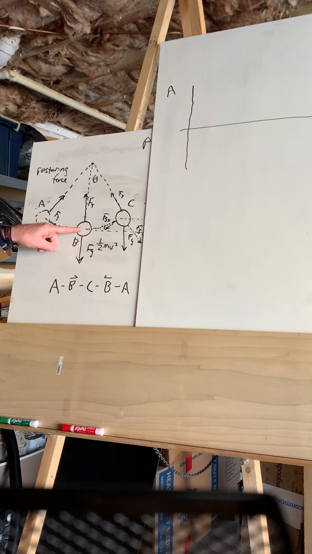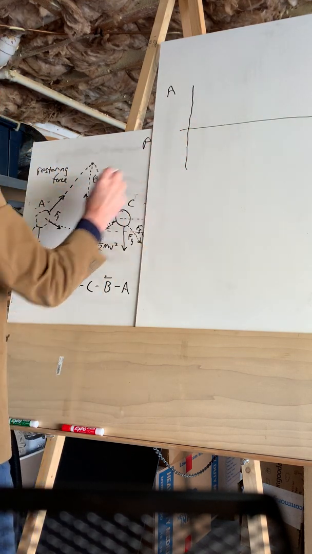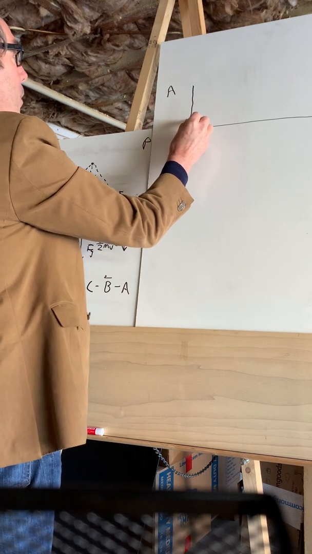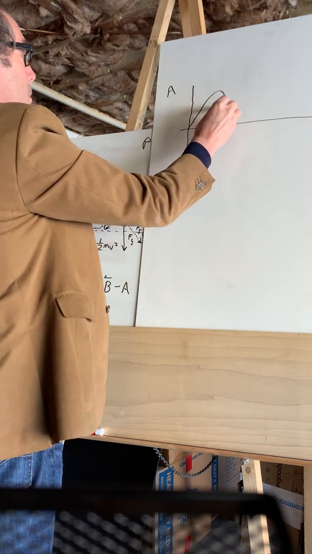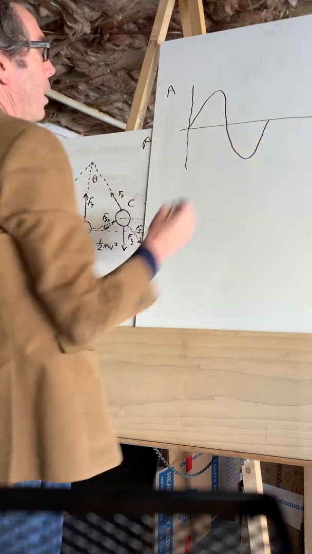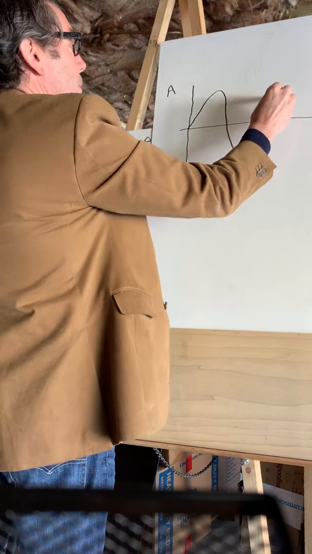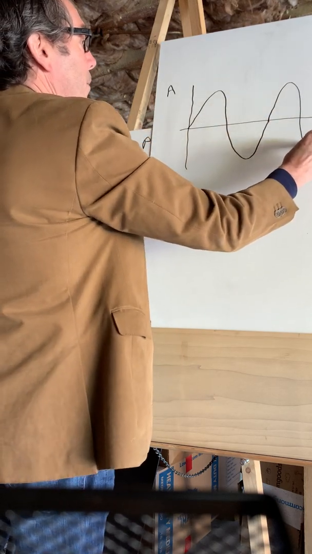And we start off right here, the amplitude is 0. That's going to swing up to positive A, back through equilibrium, and then back to the starting point. And because it's oscillating, it will continue like that.